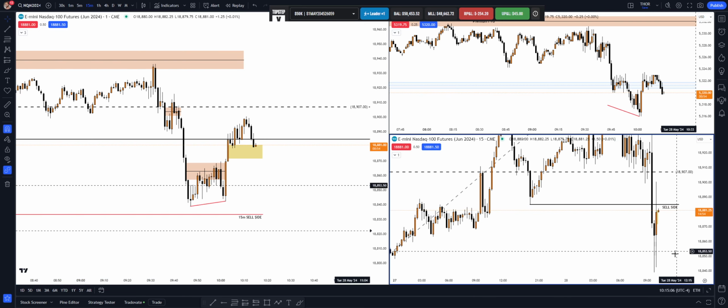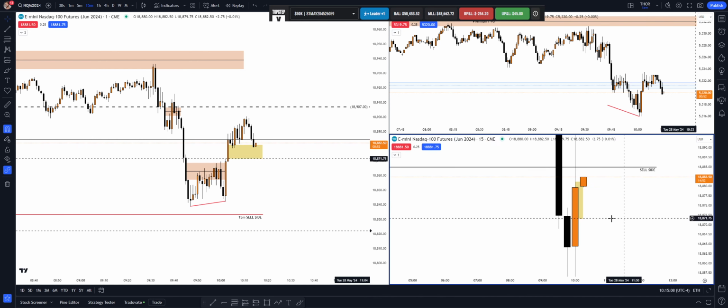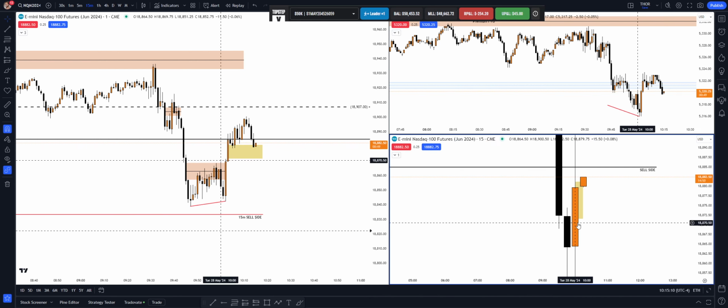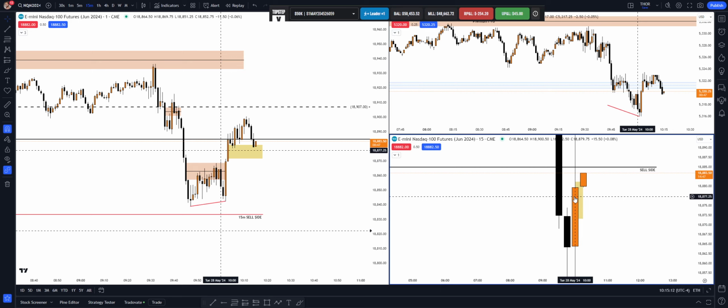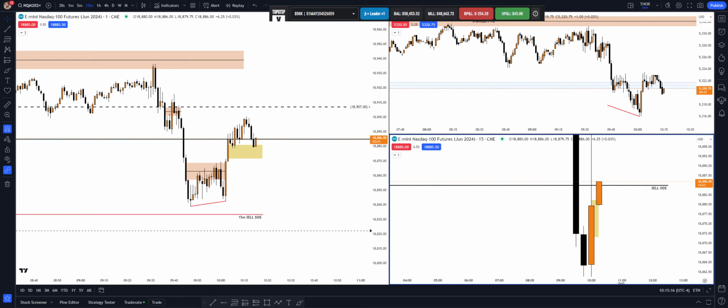Alright, 15-minute opened. Let's see where it opened. The close of this candle is 879.75. Open, it gapped up a little bit.